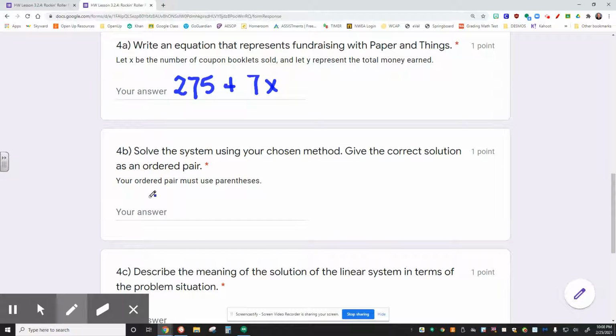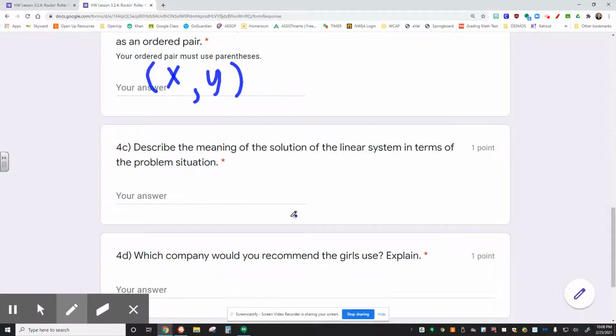If you choose to graph it, if you choose to use elimination, substitution, either way is great. But make sure that you answer like this with an x coordinate and a y coordinate. It's not literally x and y, but with an x coordinate and a y coordinate. And then number 4C, describe the meaning of the solution.